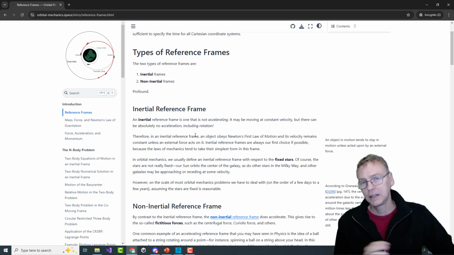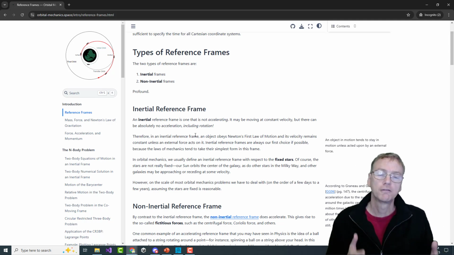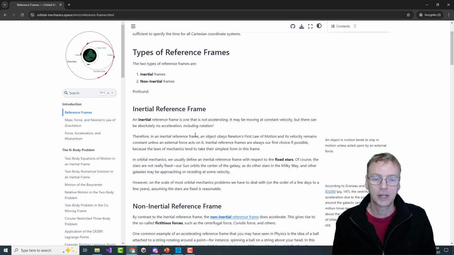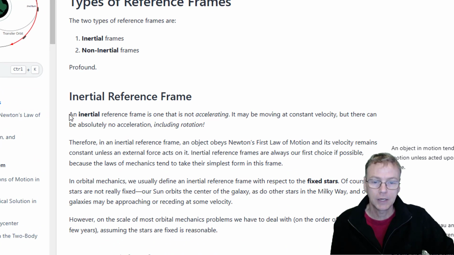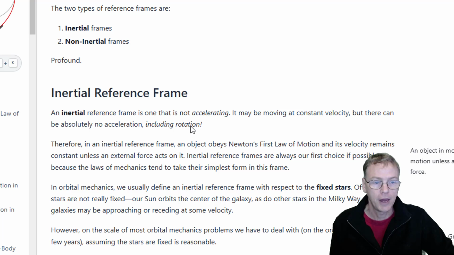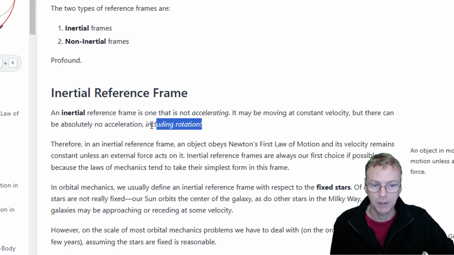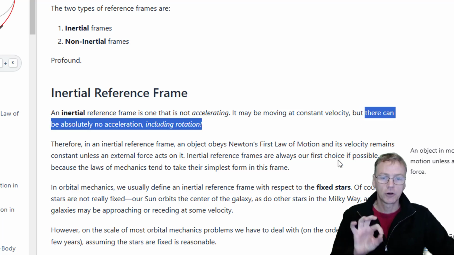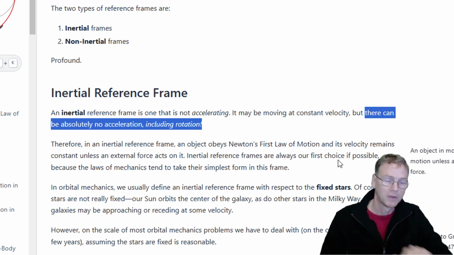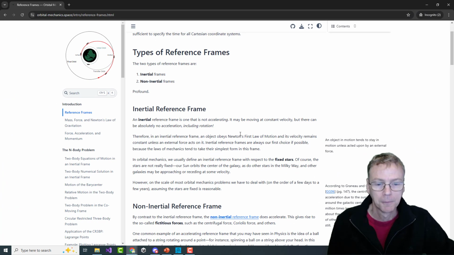There's been some confusion with certain people I've interacted with on the channel in the past, so I just wanted to point out right here, an inertial reference frame has no rotation. There can be absolutely no acceleration, including rotation. That means if you're in an inertial reference frame, you are not rotating. Okay? Just so that's clear.